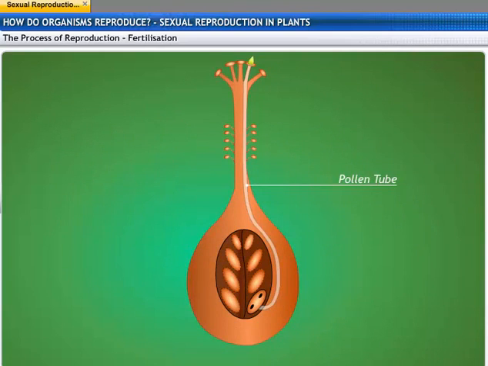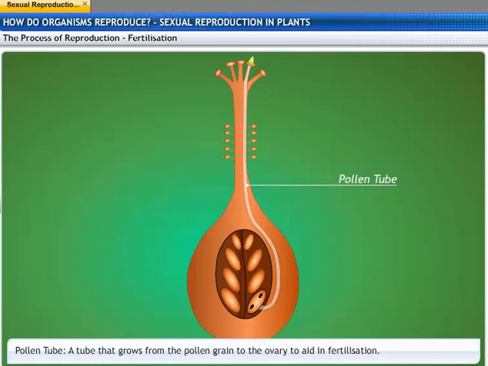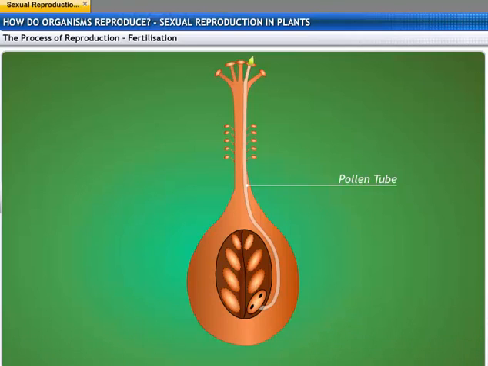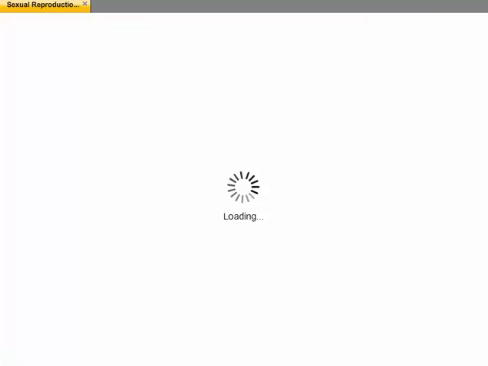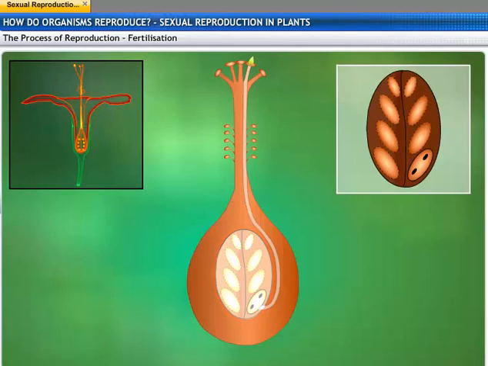To enable the pollen grains to reach the female germ cells, a tube grows out of the pollen grain and reaches the ovary. This tube is known as the pollen tube. This is where the fusion of the germ cells or fertilization takes place.